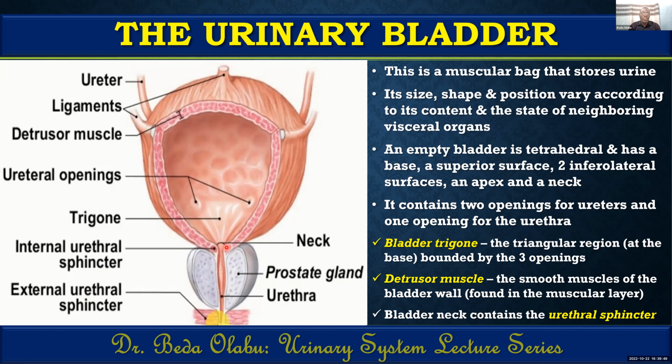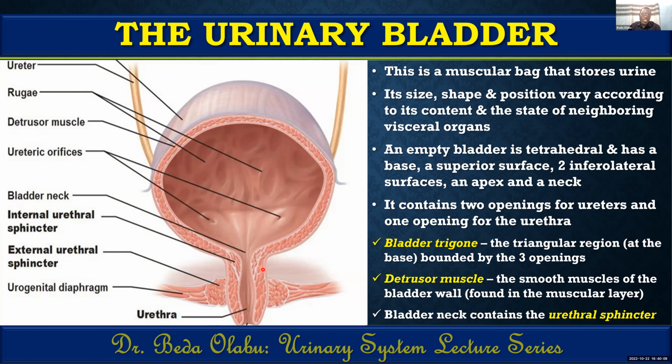And so the external urethral sphincter is voluntary. You have conscious control over it. It is under somatic innervation. But the internal sphincter is involuntary. It is controlled by the autonomic nervous system. This shows you the internal sphincter in female, as well as the external sphincter in female.